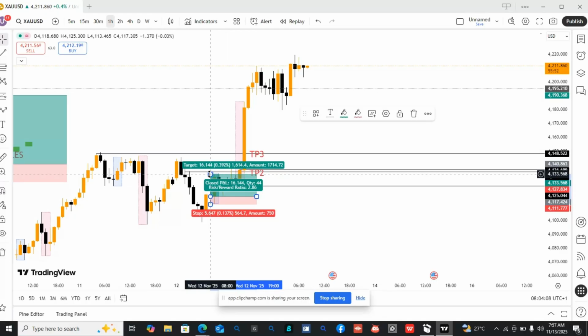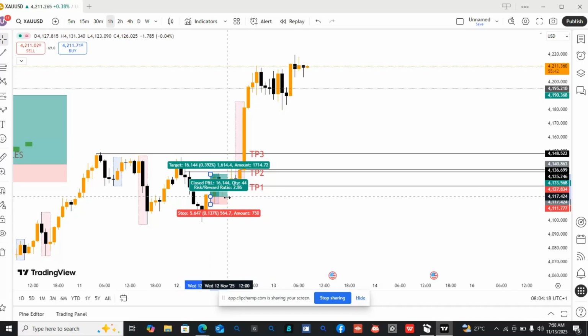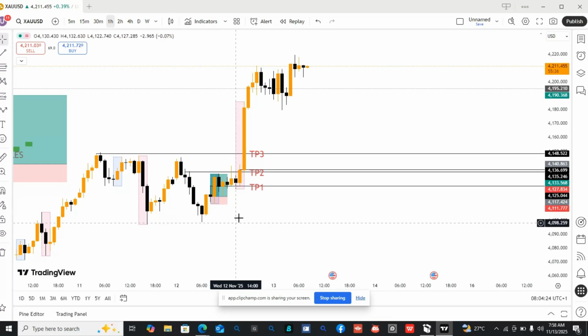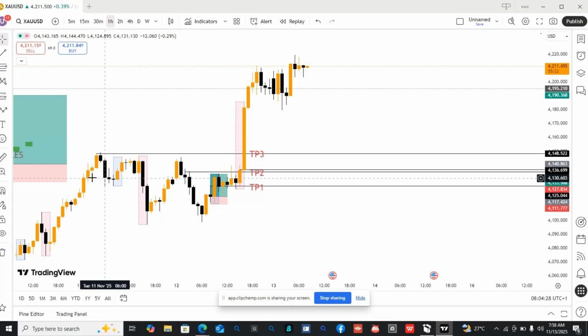After hitting TP1, price started reversing, came back to my break even and took me out at break even. This happened during the London session. During the New York session, I keep monitoring this move because I know we are still going bullish. During the New York session, another bullish engulf candle happens.